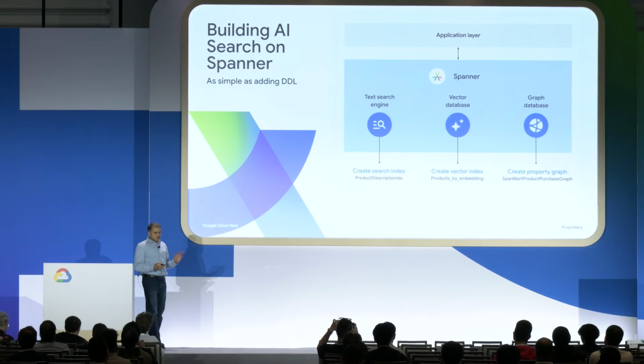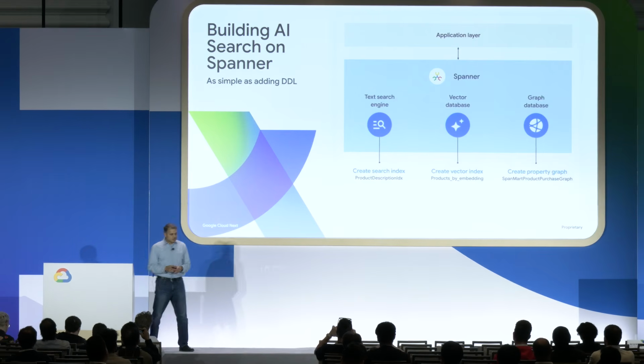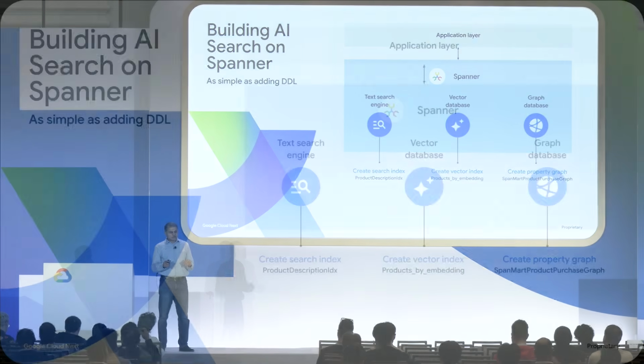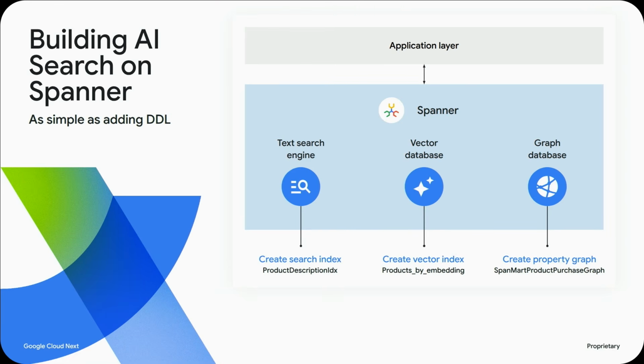So there are three components to doing AI search on Spanner. You have text-based search or full-text search, you have vector search, and you have graph. So in traditional systems, like Jeff mentioned earlier, you would probably have customized systems for each of these things. You would have a database, a text engine, a vector engine, and a graph database.